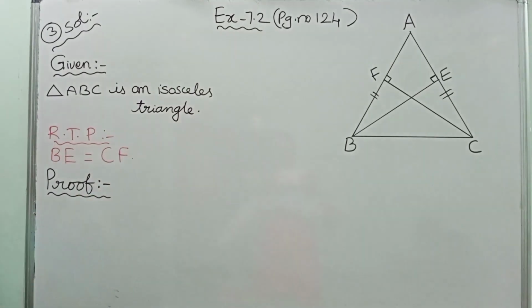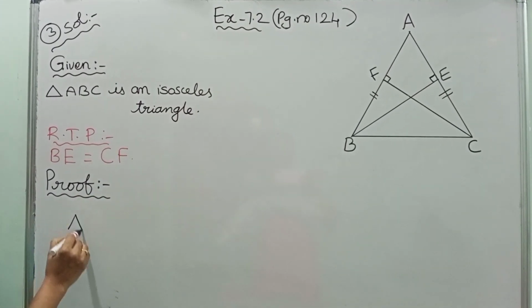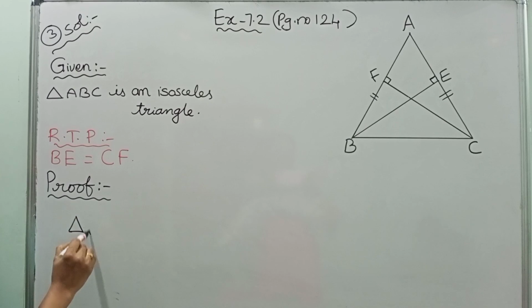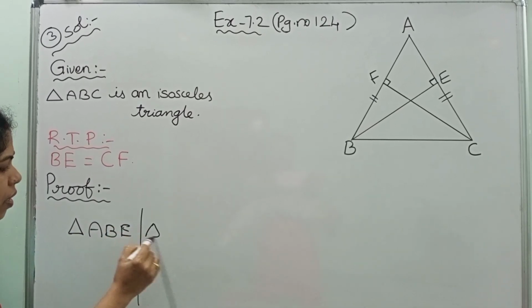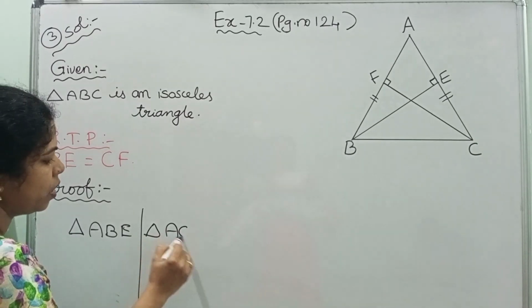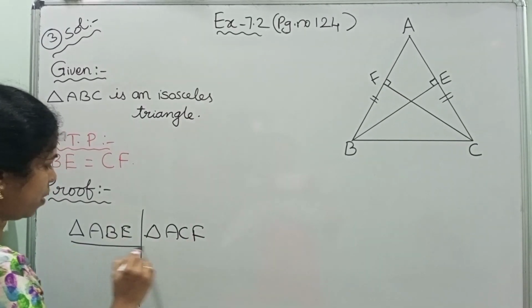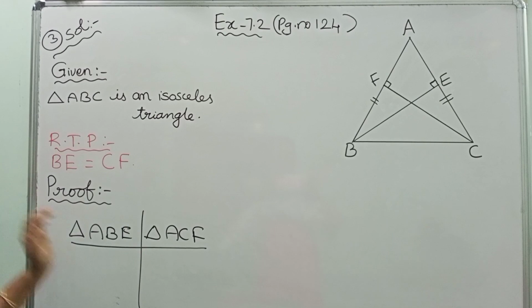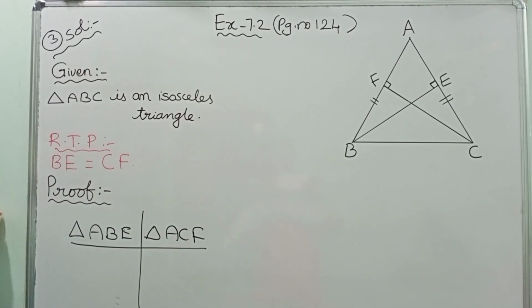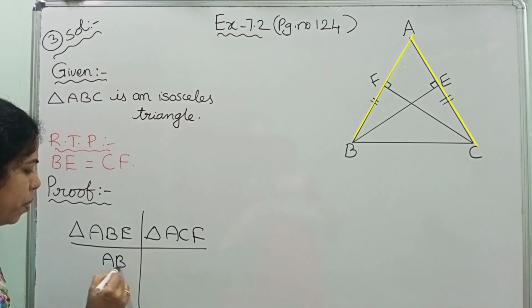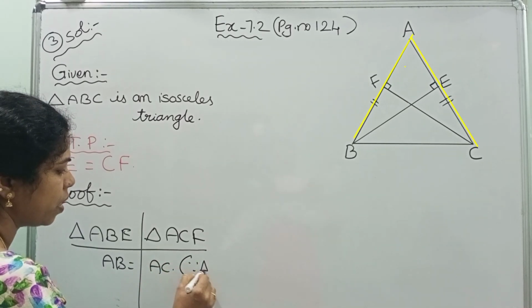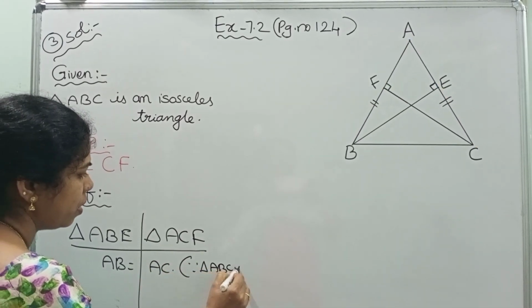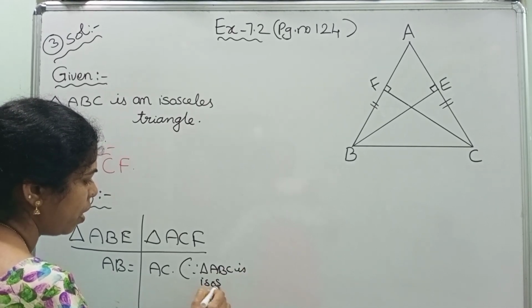Let us take the triangles, triangle ABE and triangle ACF. In these two triangles, let us observe the equal parts. We know that AB is equal to AC, since triangle ABC is isosceles.